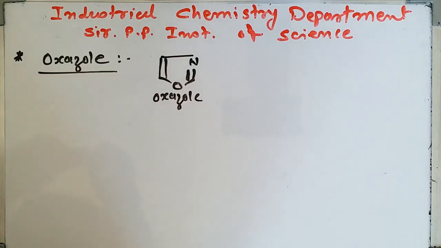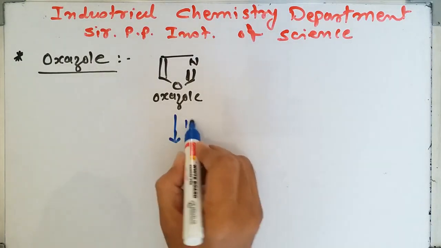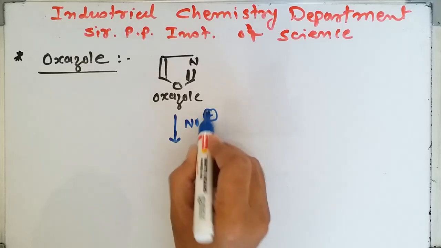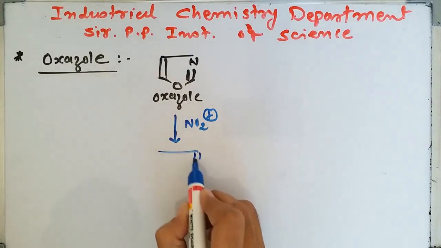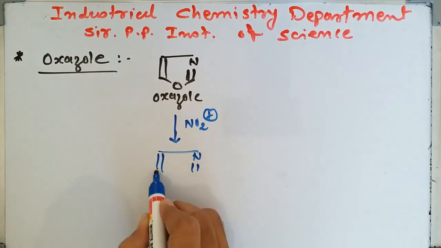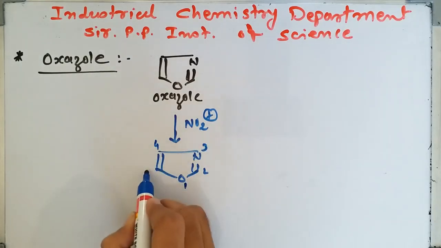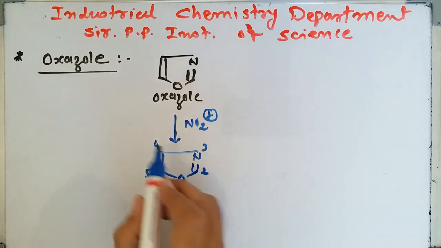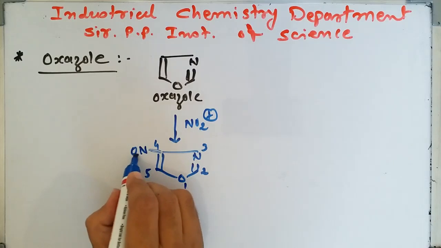When we treat oxazole with a nitrating mixture, NO2 group, we get 4-nitro oxazole, numbering 1, 2, 3, 4 and 5.